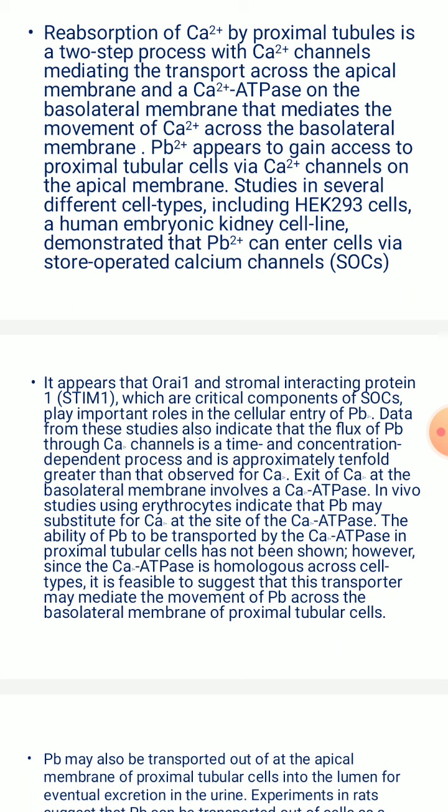And it also appears that ORAI1 and stromal interacting molecule 1, that is STIM1, are the critical components of these store operated calcium channels, which play a very important role in the cellular entry of lead.